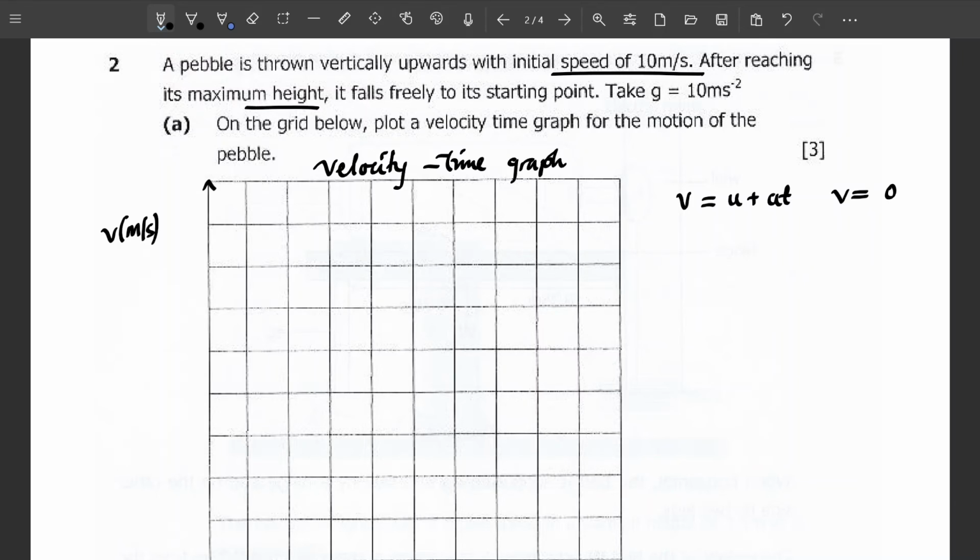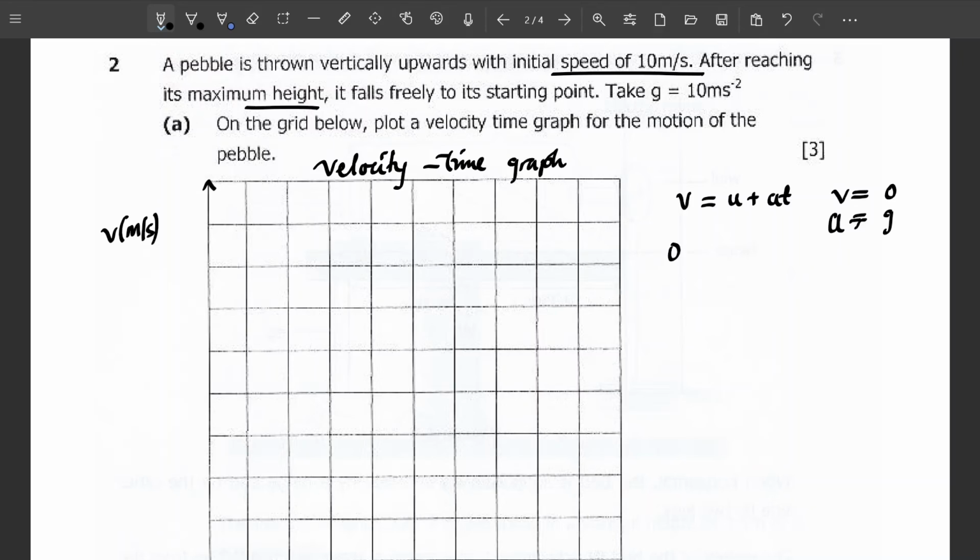Then acceleration here changes to g. Sorry, this part of my computer doesn't write properly, I don't know why. So acceleration changes to g. Why? Because the motion is happening under gravity. So the equation changes.